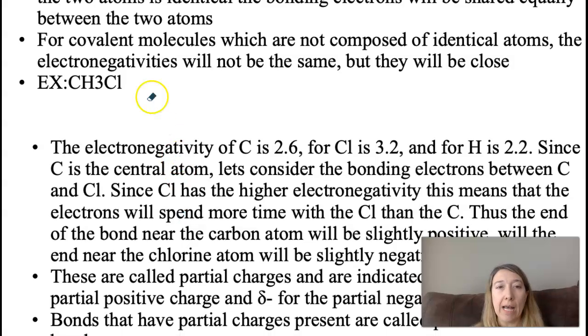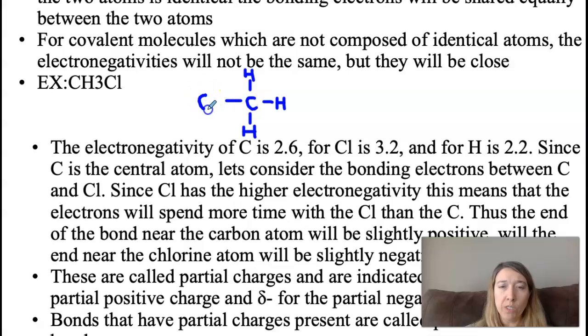So if we look at CH3Cl, if we were to go about drawing that, and of course I haven't really left myself much room to actually draw this, we would have our carbon in the middle because it has the most unpaired. We would have a hydrogen up here, a hydrogen over here, and another hydrogen, and then we would have our chlorine.